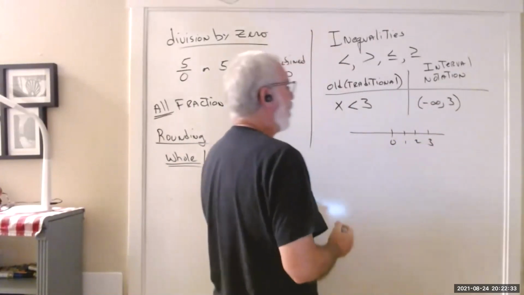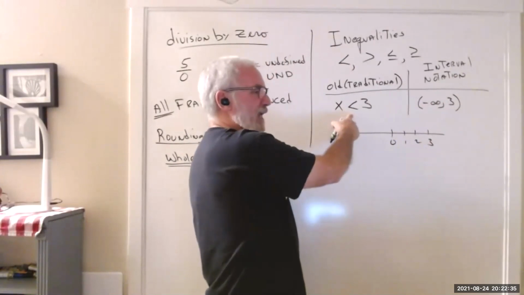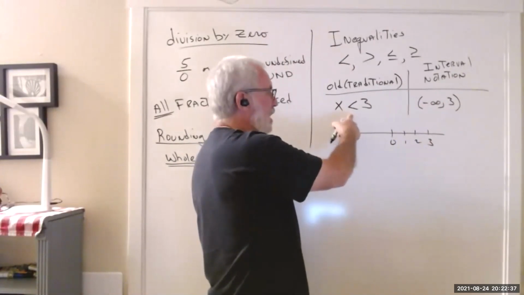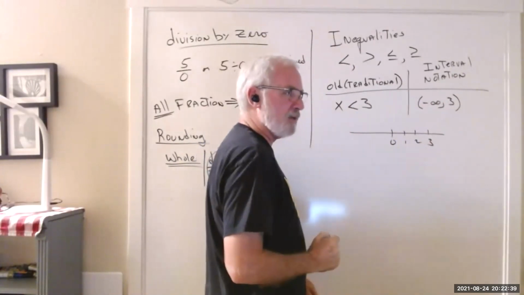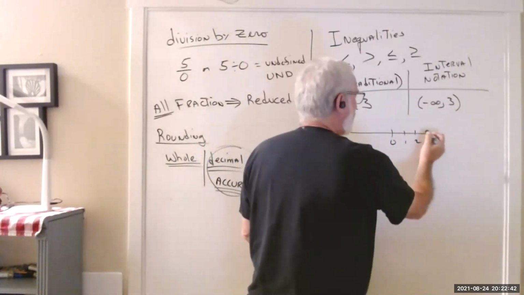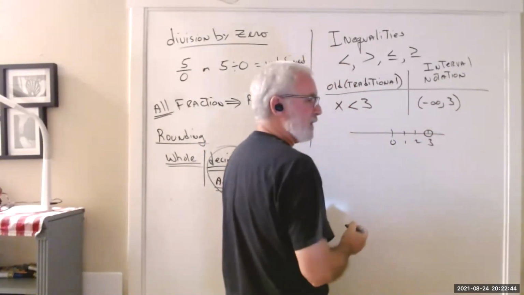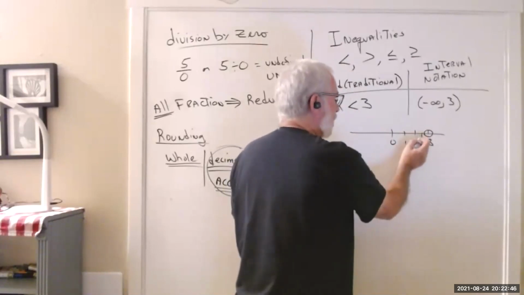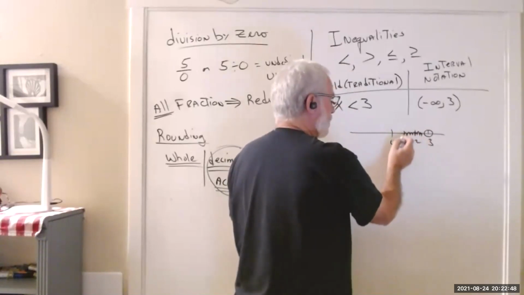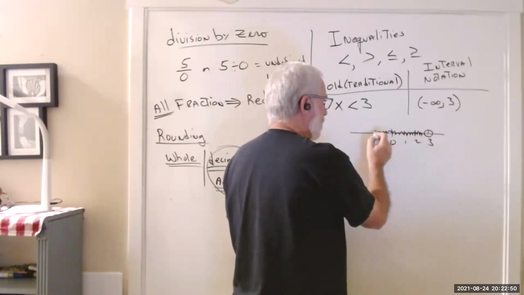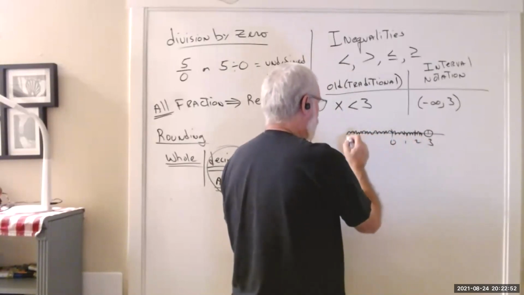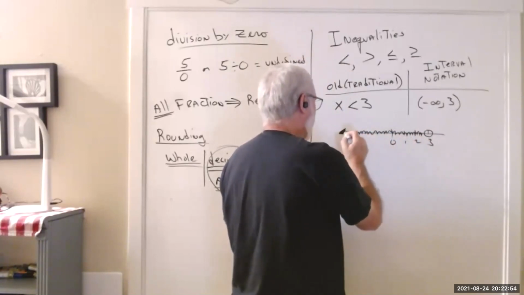If you wanted to graph x is less than 3 on the number line, you would probably put an open circle on 3, that's how you were taught, and probably then shade all down, shade, shade, shade, and then put a big fat arrow.